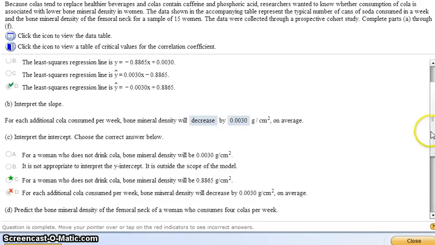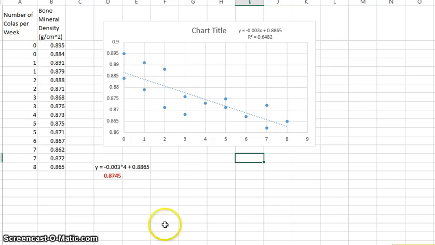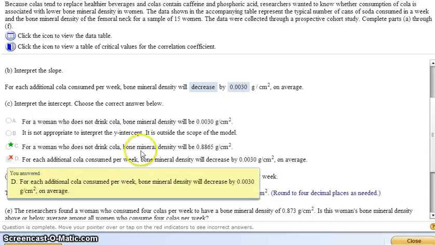So part C says interpret the intercept. What an intercept is, is when there are 0 cans of soda consumed, the bone density will be 0.8865. So the intercept is for 0 cans. What's the bone density?